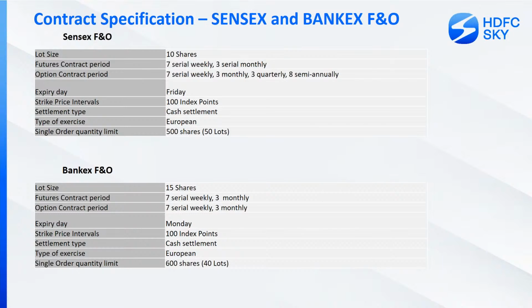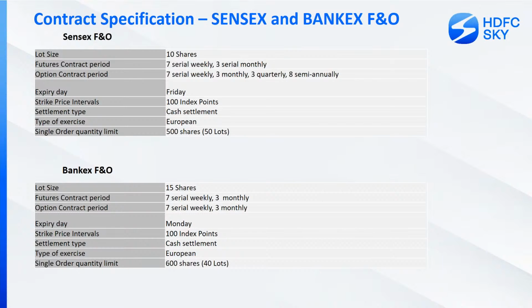For futures, you will get seven series of weekly contracts and three series of monthly contracts. For options, you will get seven weekly series contracts plus three monthly series, three quarterly series, and eight semi-annual series contracts.